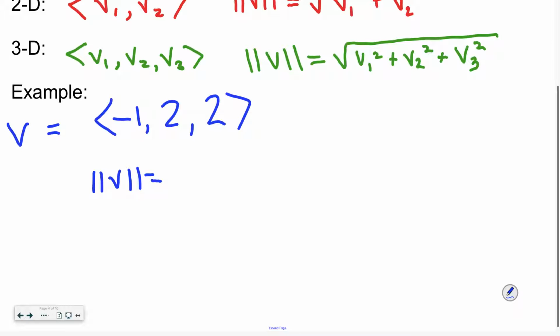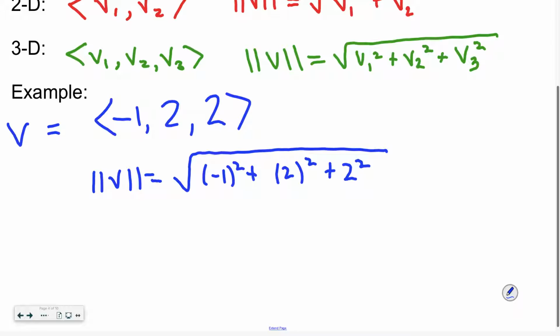If our vector is -1, 2, 2, then we have the square root of (-1) squared plus 2 squared plus 2 squared. So our magnitude would be 3. We'd have the square root of 9, which is 3.